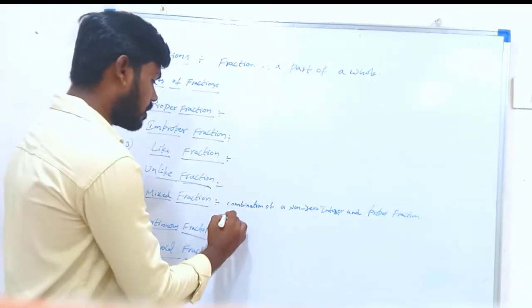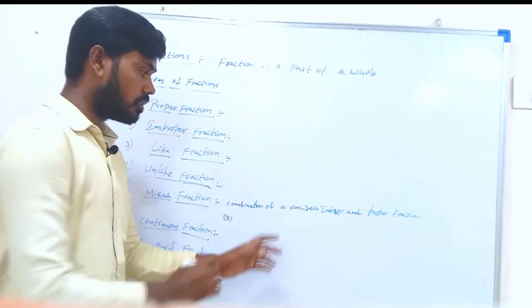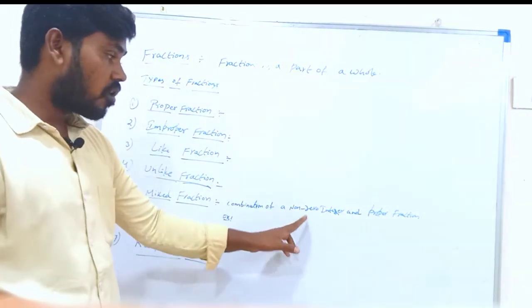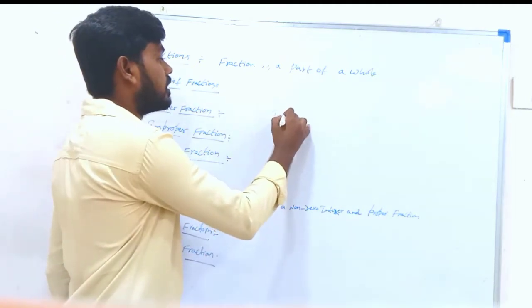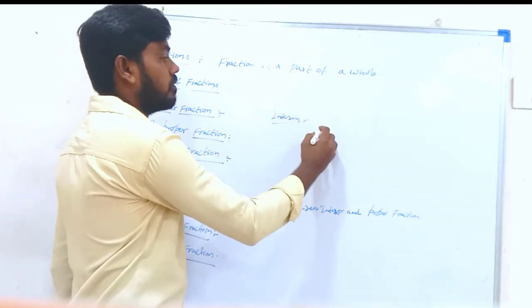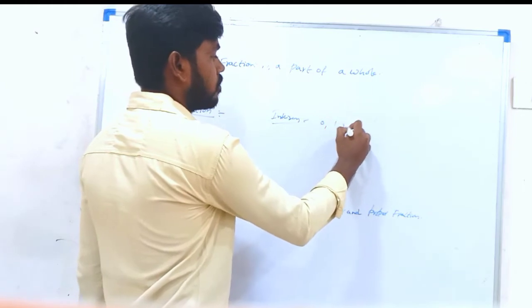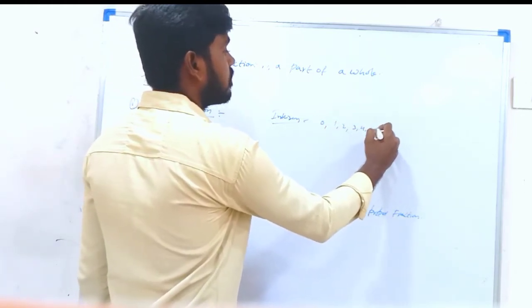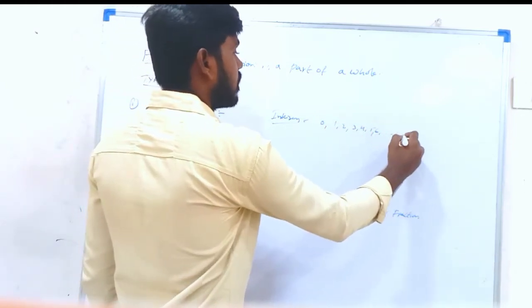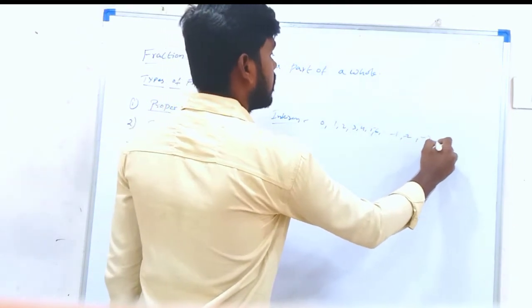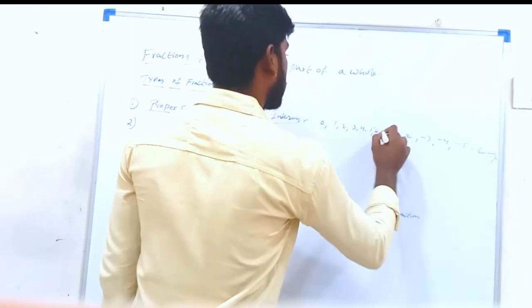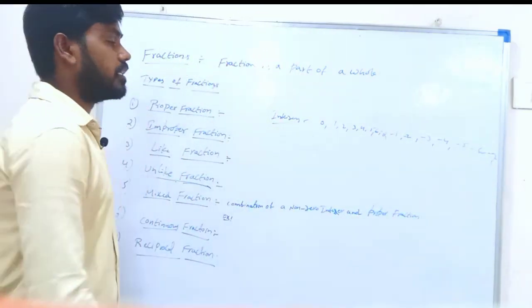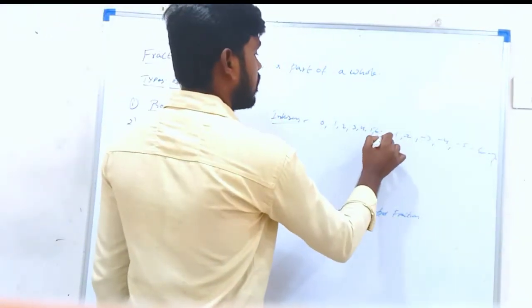If you take examples, here we have to remember it is a non-zero integer. As we know, what comes under integers? 0, 1, 2, 3, 4, 5, 6 and -1, -2, -3, -4, -5, -6 and so on, up to infinity.